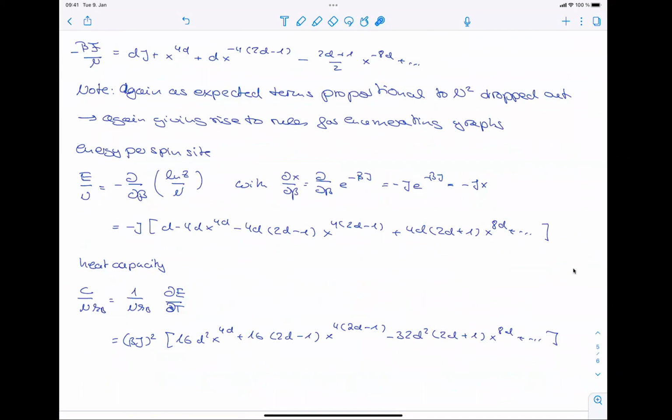And now the question is, okay, knowing the free energy, we find, I don't care how this equation looks, but the one thing to spot is that I can go up to higher orders in x as I include higher and higher terms. Can going to higher and higher terms teach me about potential critical behavior?